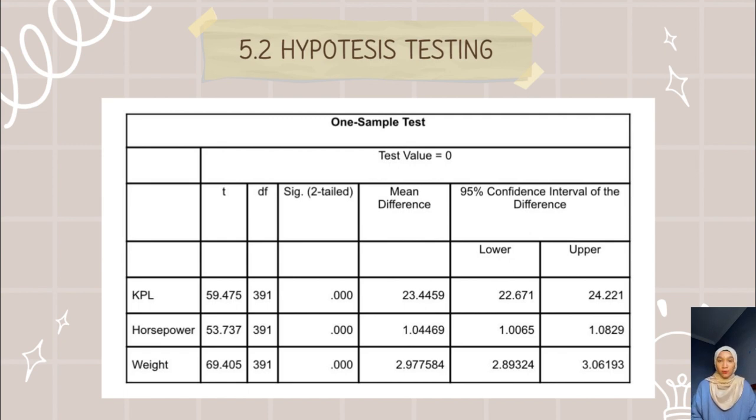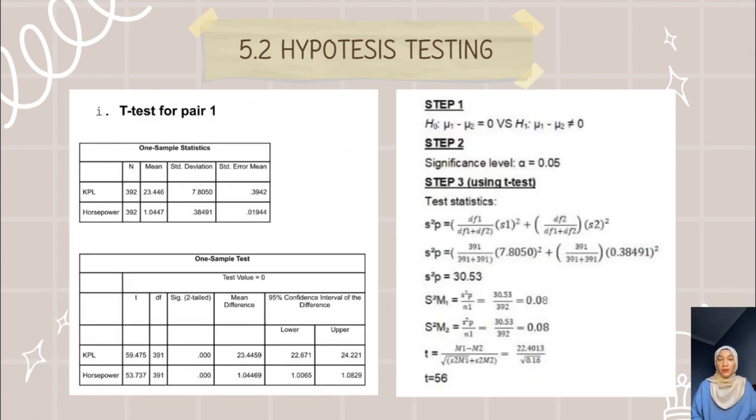For the weight group, the t-test is 69.405, while the mean difference is 2.977584, and the confidence interval of the difference for lower is 2.89324, and for upper is 3.06193.